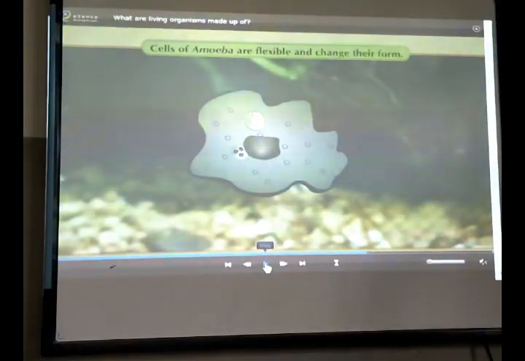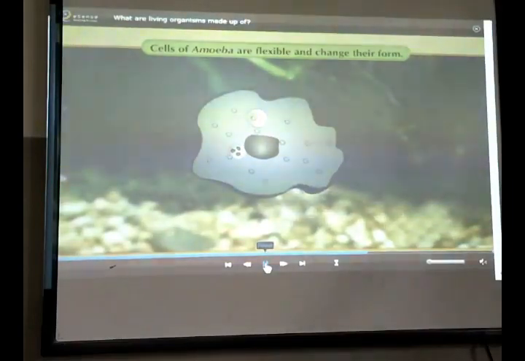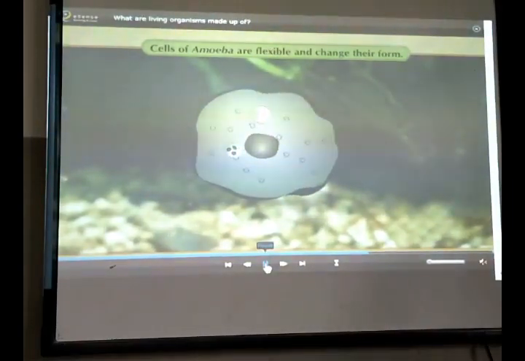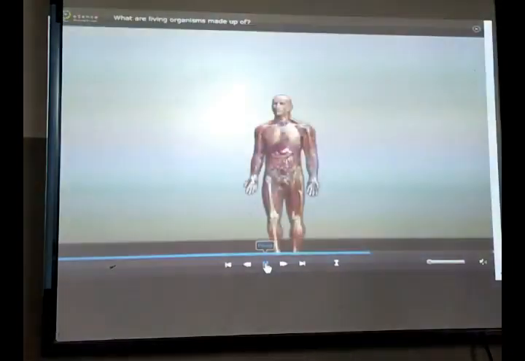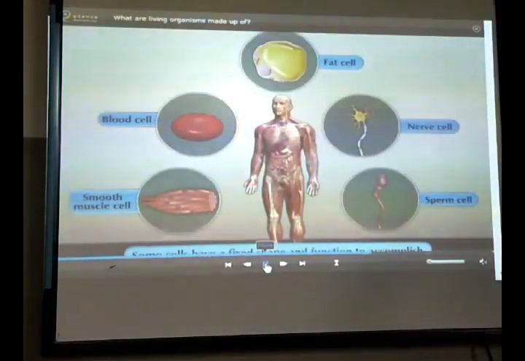Taking an example, the cell of amoeba is flexible and changes its form. How does it change its form? Because, as you understood previously, it has one cell, it is unicellular. So one cell works for its body functions.